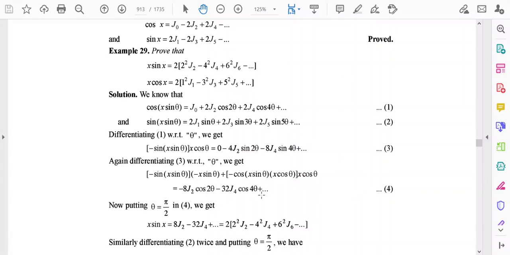Now what we have to do, you have to put theta is equal to pi by 2 in this equation. If we put theta is equal to pi by 2, then all the sin theta terms will be 1 because sin pi by 2 is equal to 1, but cos pi by 2 is equal to 0. You see in the second term there is a cos theta term, that means cos pi by 2, so the second term is 0.